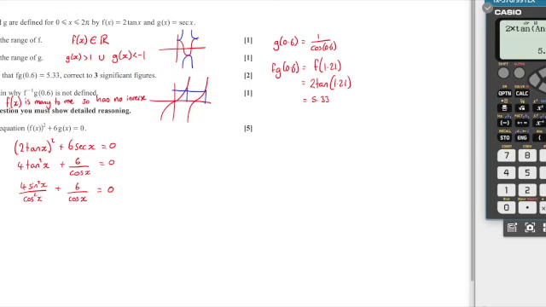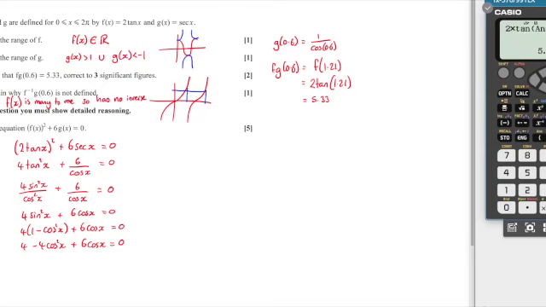Let's multiply through by cos squared, get it off the bottom. So I'm going to have 4 sine squared x plus 6 cos x equals 0, and then sine squared is going to be 1 minus cos squared, so that's 4 times 1 minus cos squared x plus 6 cos x equals 0, so 4 minus 4 cos squared x plus 6 cos x equals 0.